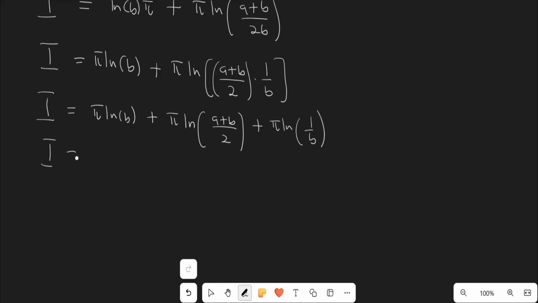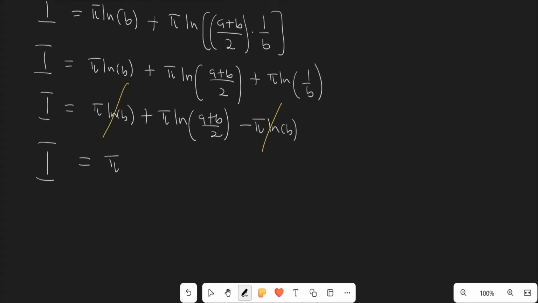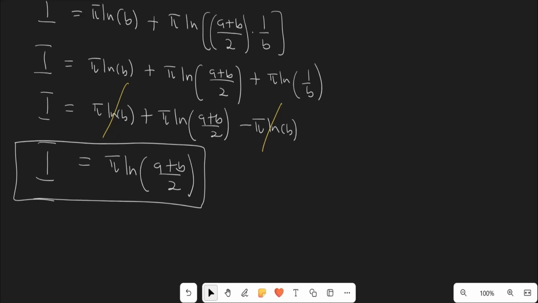So we have I equal to pi times the ln of b plus pi times the ln of a plus b over 2, and then minus pi times the ln of b, because the ln of 1 over b is the ln of b to the negative one, which is multiplied by pi. And you see that this one will cancel out with this one. And now, ladies and gentlemen, what you are left with is the proof: pi times the ln of a plus b over 2, like this.